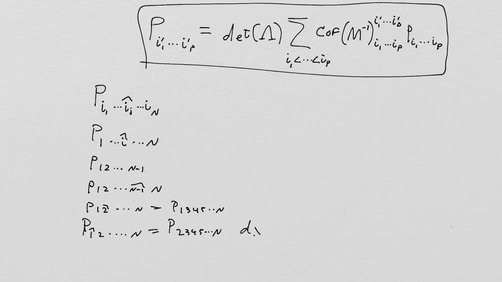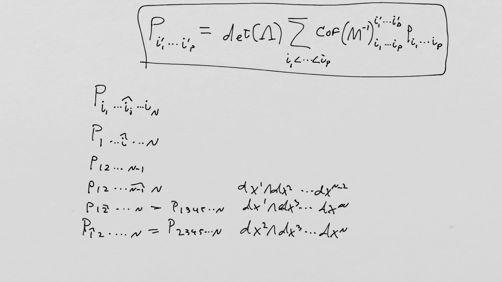This one is going to be dx2 wedge dx3 ... wedge dxn. And this one here will be dx1 wedge dx3 dot dot dot dxn, and this one here will be dx1 wedge dx2 dot dot dot dxn minus 2 wedge dxn, right? Because here what's missing is n minus 1.